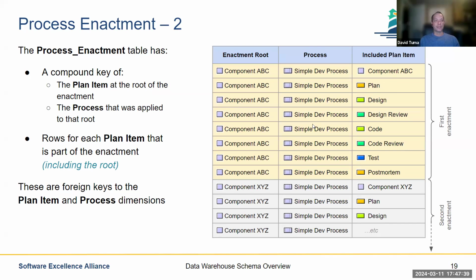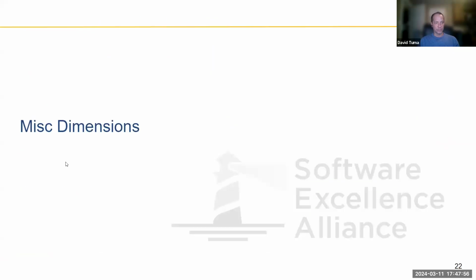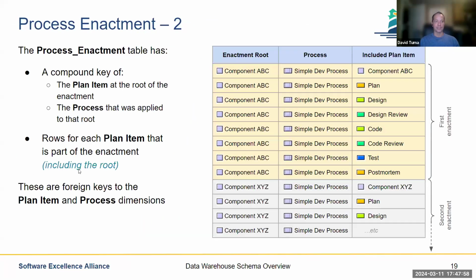And if you think about how this all plays out, there is a compound key of the enactment root and the process that was applied to it. And then for that compound key, there is one row for each item that is included in the enactment, including the root, which is, oops, sorry, shouldn't have clicked.